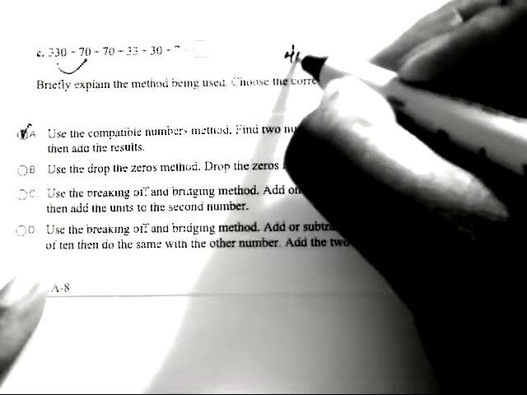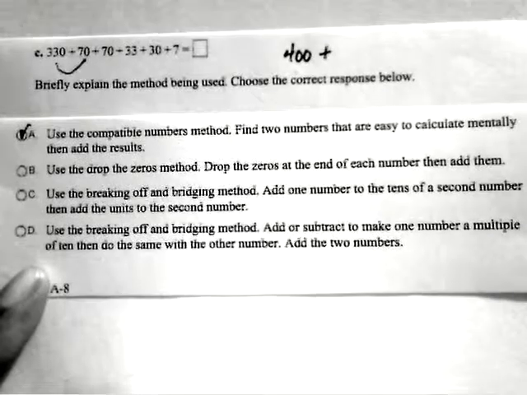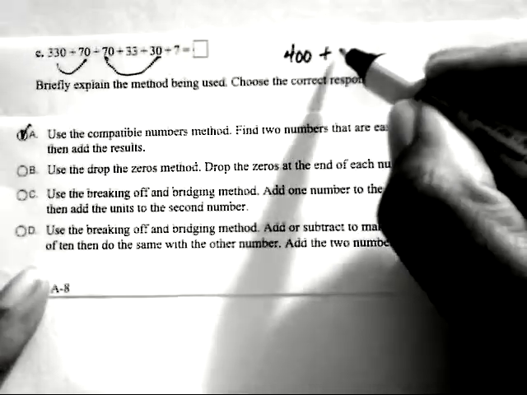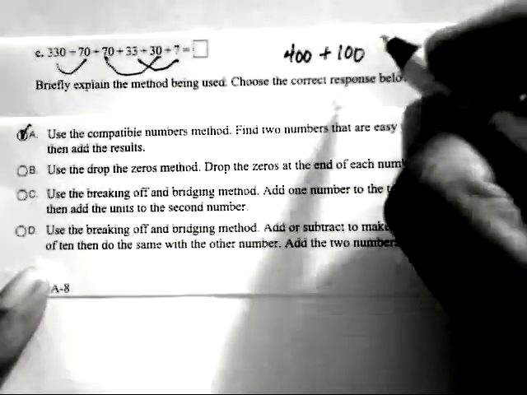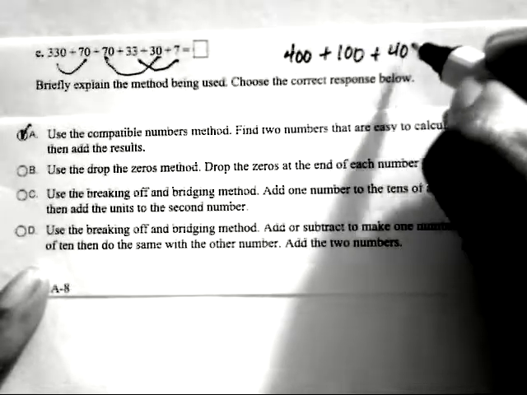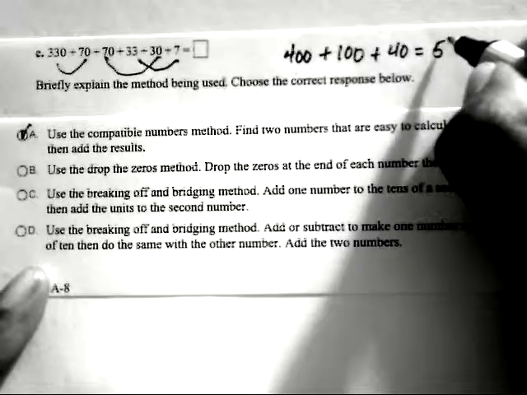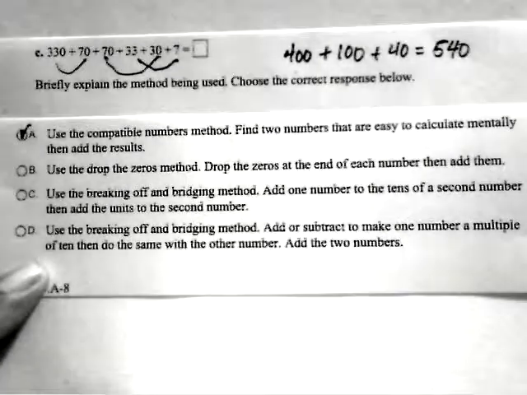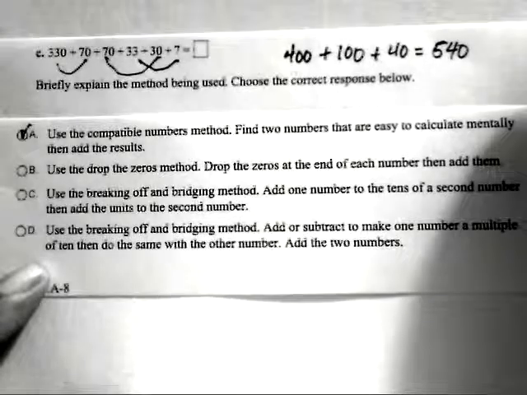That would give me 400. Another pair of compatible numbers would be the 70 plus 30. Add those two, that's 100. 33 plus 7. That would give me 40. Now add 400 plus 100, that's 500, plus 40 will give me 540. Okay, so here, that sum would be 540 using the compatible numbers method.